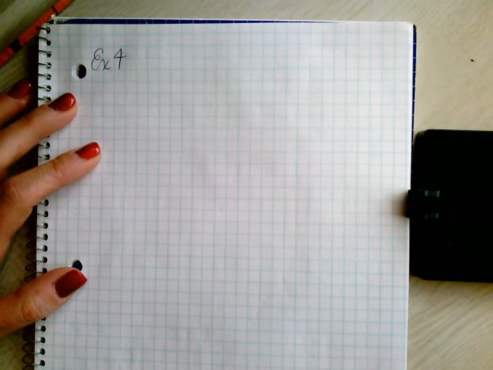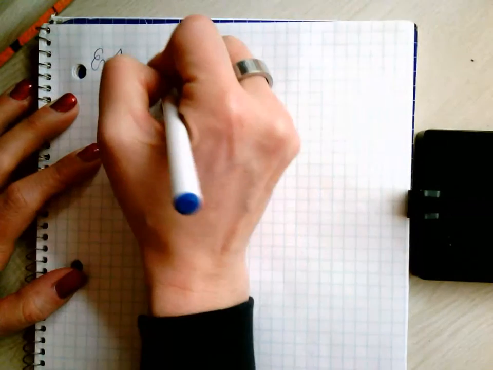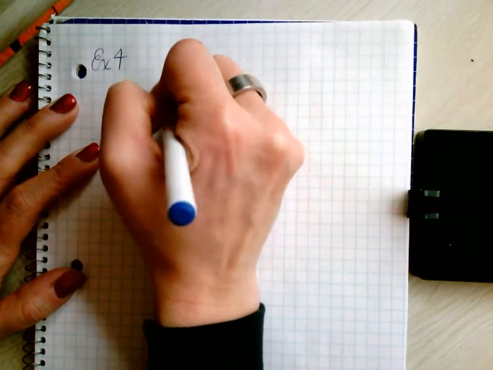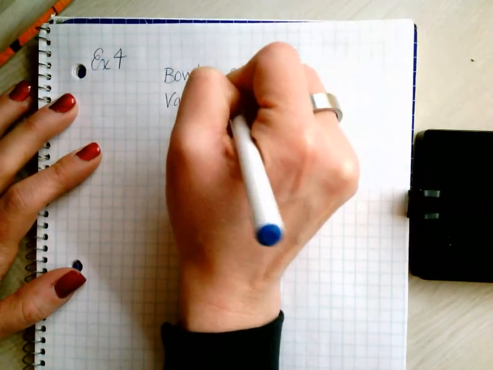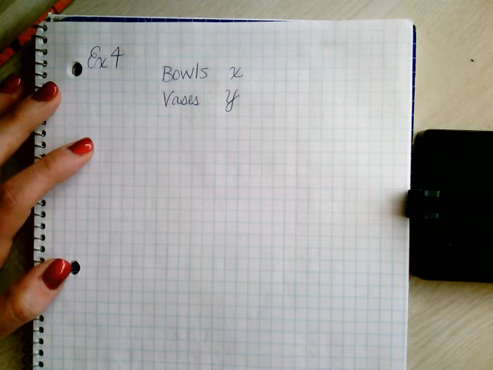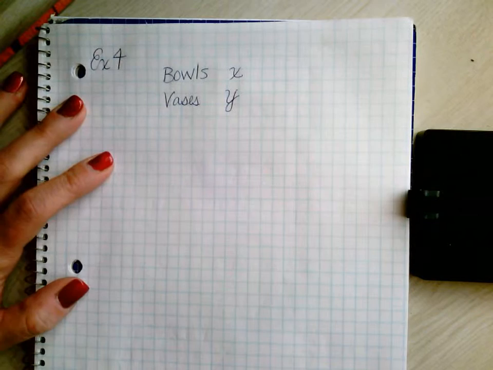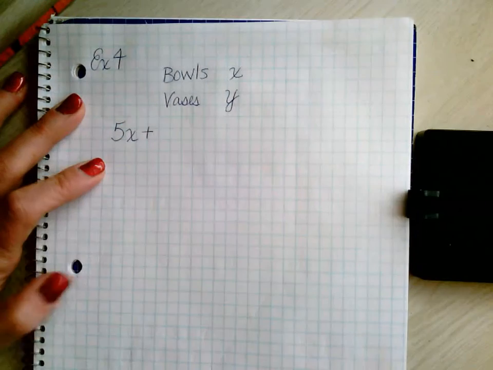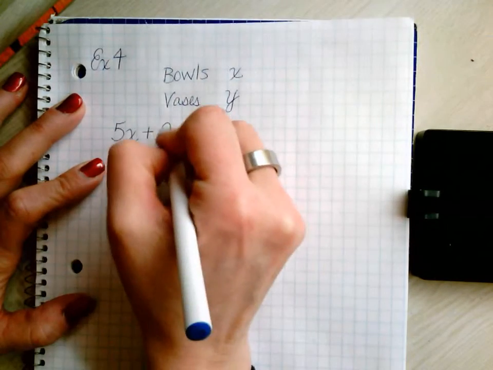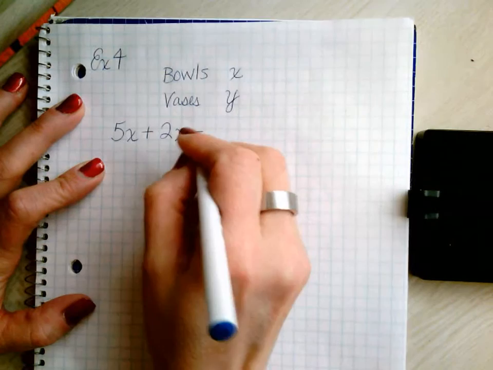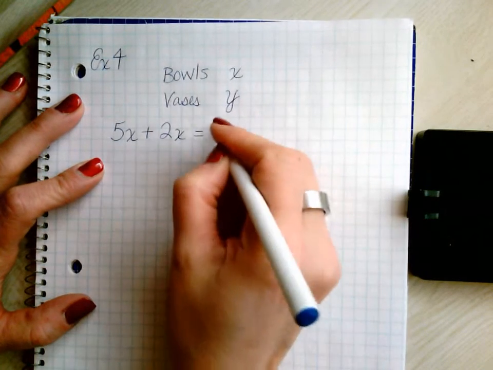Okay, I'm going to call bowls my x and vases y. I'm not sure, is that what they did? Yes, they did, okay? So I know I need 5 pounds per bowl, and I know I need 2 pounds per vase, and I only have a total of 100 pounds.